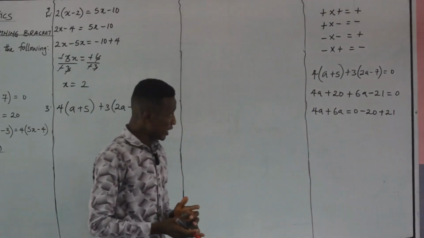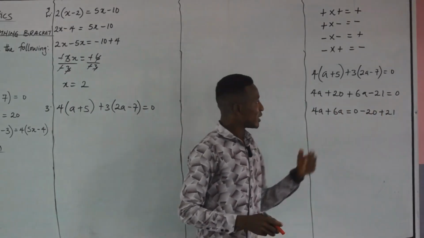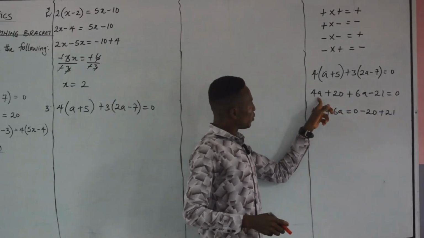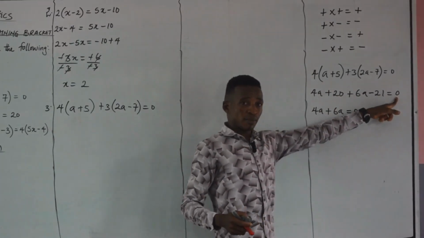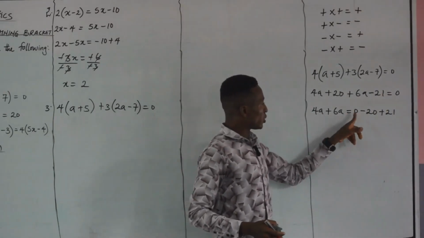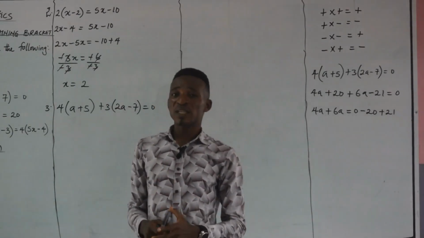Now let me quickly give us this tip. When you get to this stage here, before collecting the like terms, count the number of values you have. 1, 2, 3, 4, 5, including the 0. Now, after collecting your like terms, count the values you have. 1, 2, 3, 4, 5. Now you have 5, 5. Now, the reason why it's good for you to count is this.